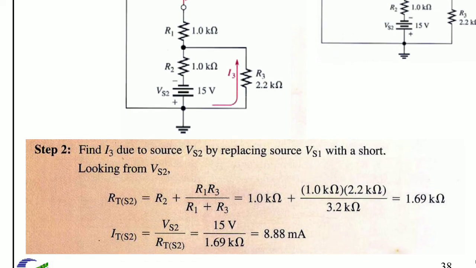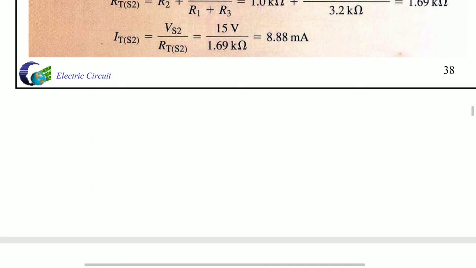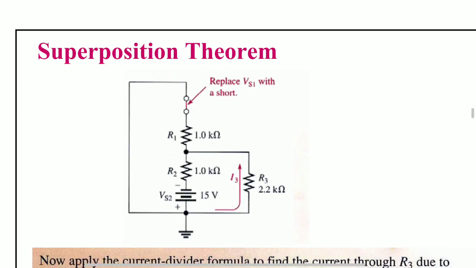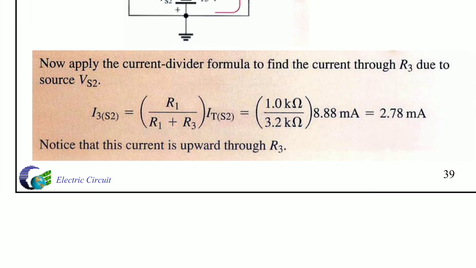So IT of S2 is V2 by RT total, which gives 8.88 milliamps. Now go for the current in I3. I3 is R1 by R1 plus R3 times IT of S2, which gives 2.78 milliamps. Notice that this current is upward through R3.